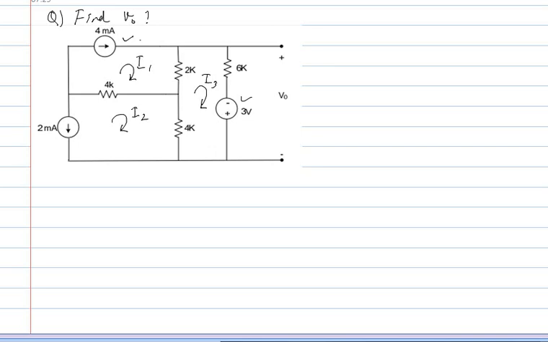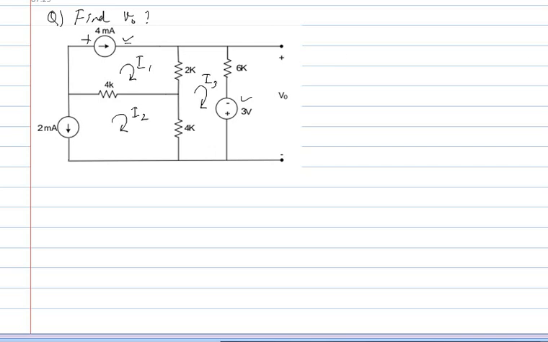When a current source comes, the problem is we cannot write a voltage across it. We cannot say this is plus and this is minus and there will be some voltage value here, because there is no fixed voltage value there. So we cannot write a KVL equation for this, and that is the issue of having a current source.